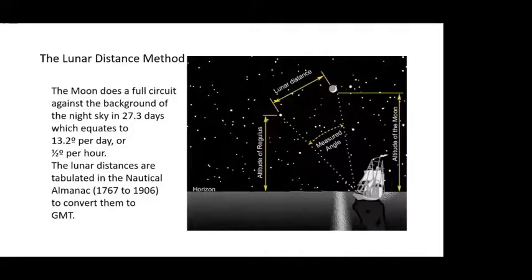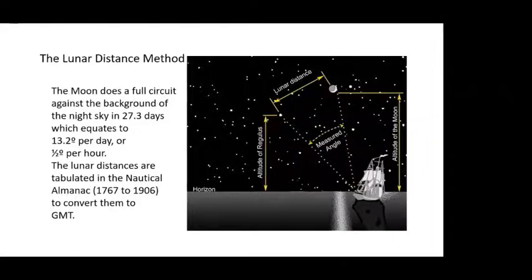The lunar distance method, once again, here you see a picture of the moon, and in this case, to the right of the moon, a bright star, Regulus, Alpha Leonis, the brightest star in the constellation of the Lion, and the angle between them is measured. This angle is called the lunar distance. Now, anywhere on the Earth at this moment of time, this angle is the same.